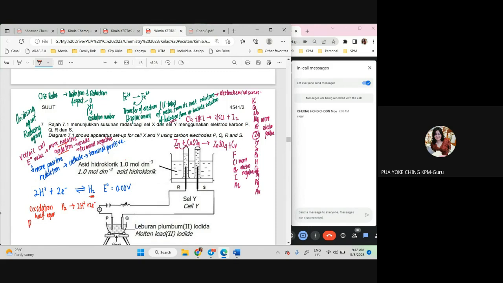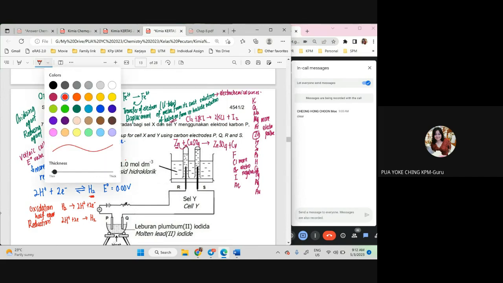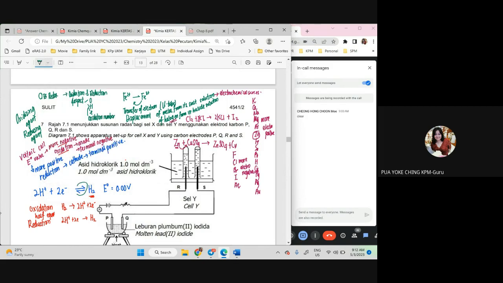Kalau you nak reduction pula, then you salin seperti atas: 2H+ + 2e- jadi H2. Okay? Sebab half equation dah diberi, so jangan salah. And don't use the reversible arrow. Saya tak nak arrow yang ni. This arrow cannot.